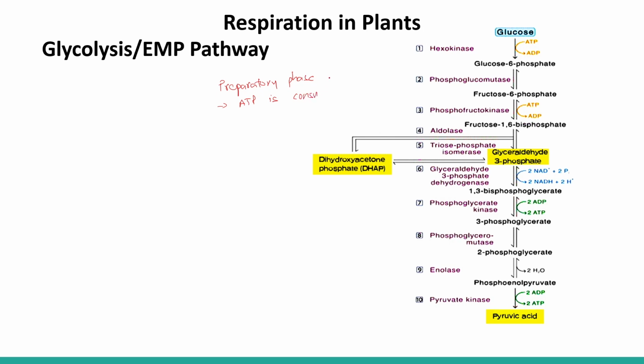Instead of synthesizing ATP, ATP is consumed during the preparatory phase. So till the fifth stage, or you can say till the formation of glyceraldehyde 3-phosphate, this is known as the preparatory phase.